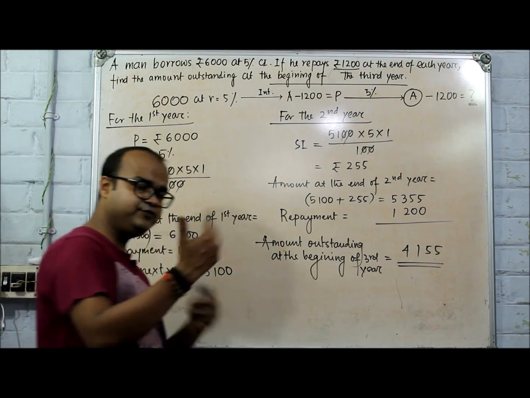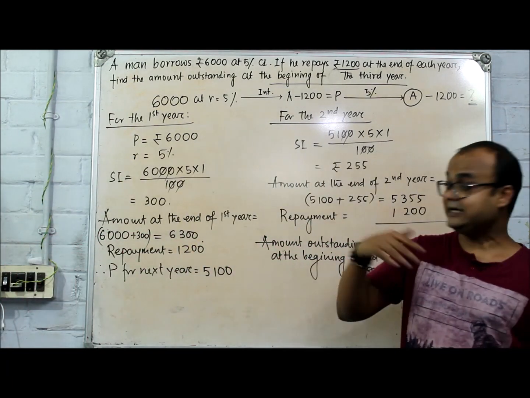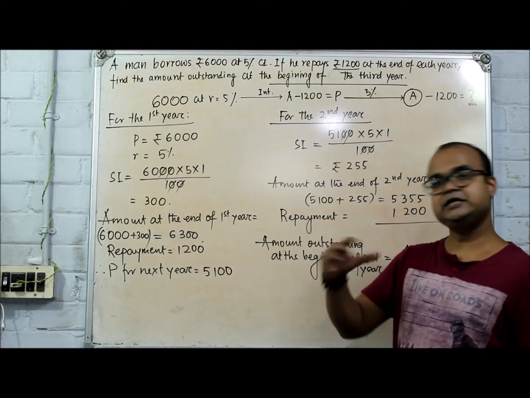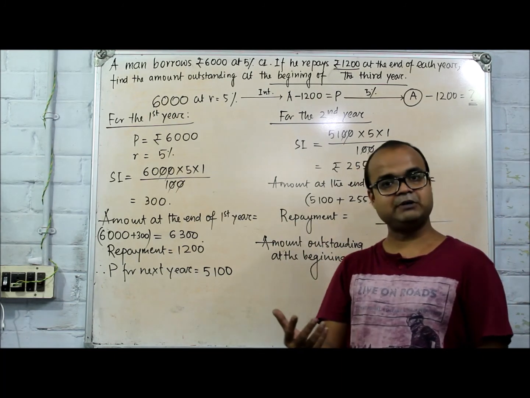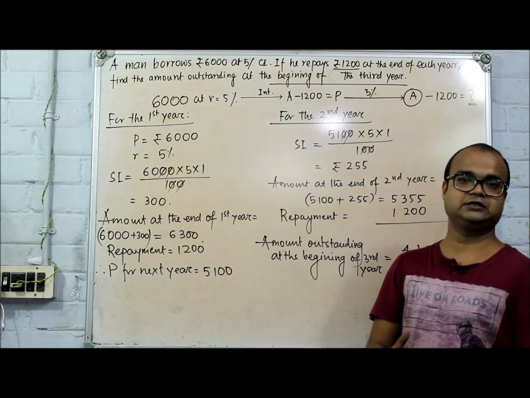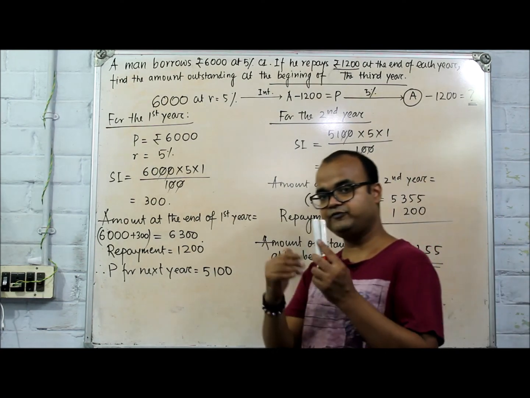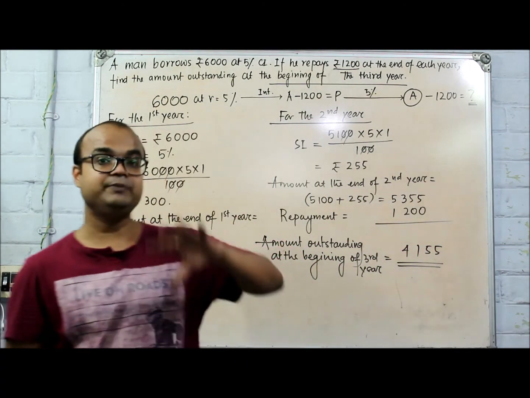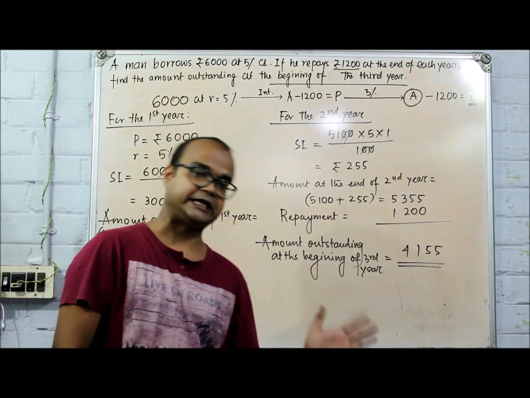The only difference with the last sum is that at the end of each year the person is going to pay some amount. You just need to subtract. After getting the difference, that will become the principal for the next year.